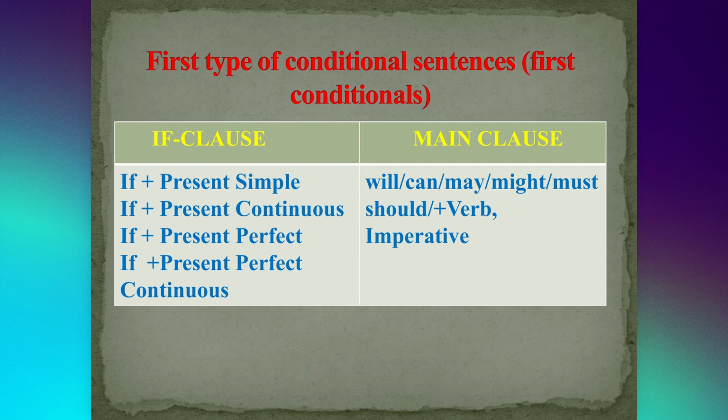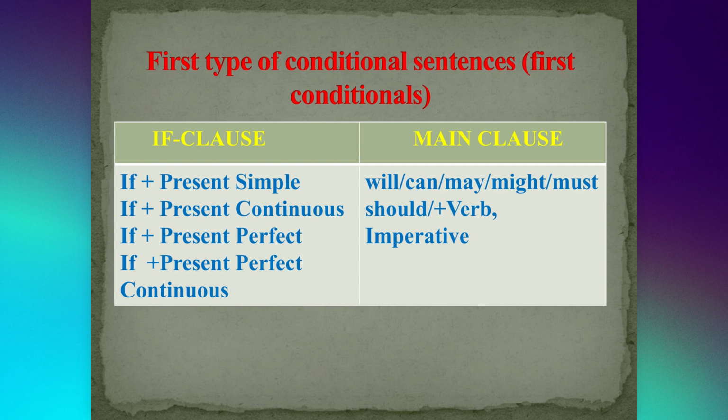Present continuous. Present continuous is formed by means of auxiliary verb to be, which can be in the forms am, is, are, depending on the subject, plus the verb with ending ing. Present perfect. Present perfect is formed by means of auxiliary verbs have or has, depending on the subject.